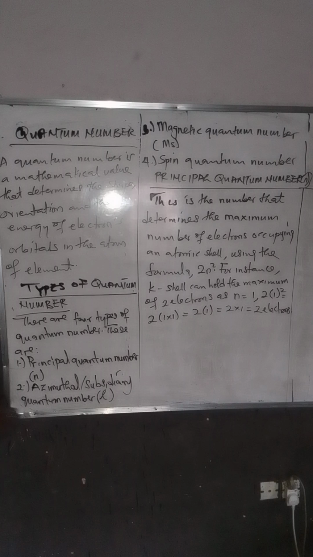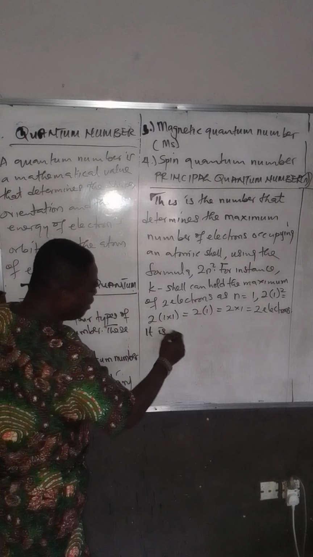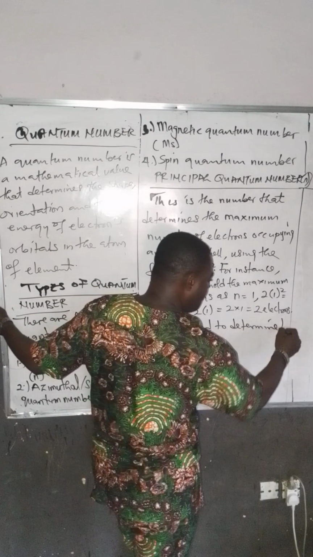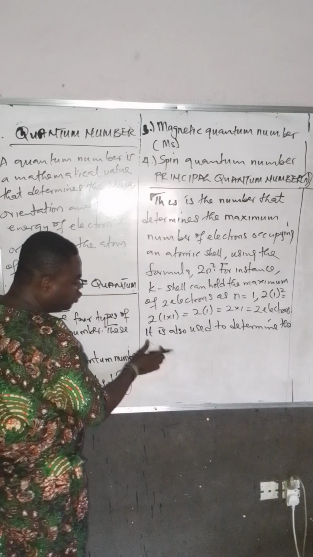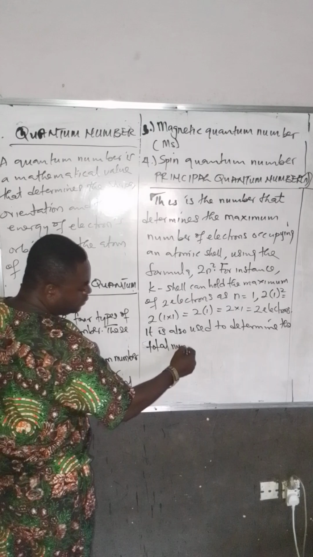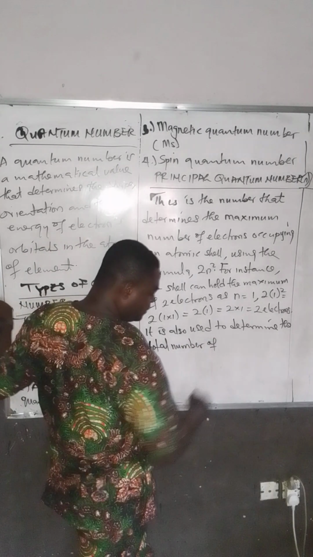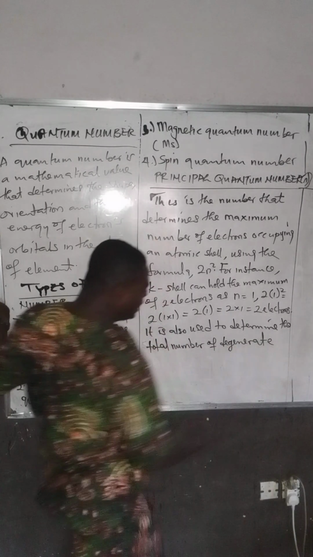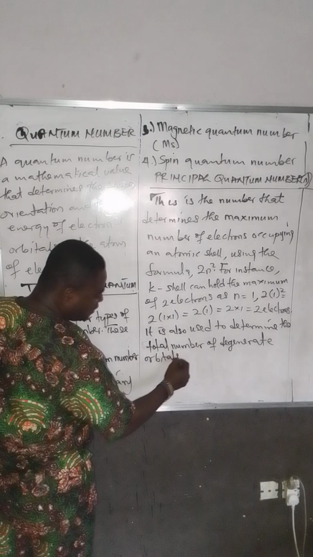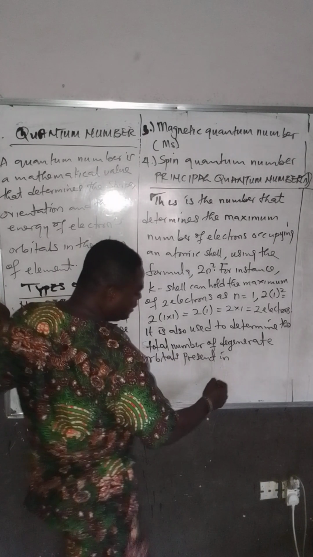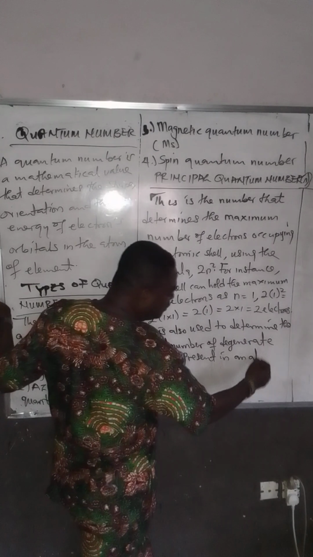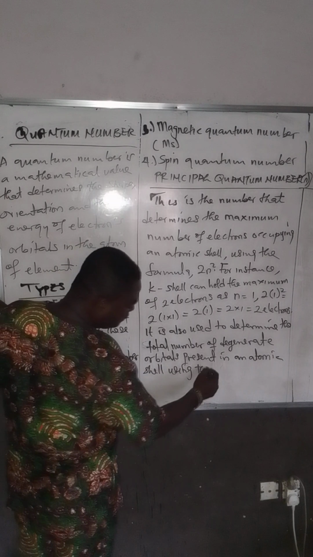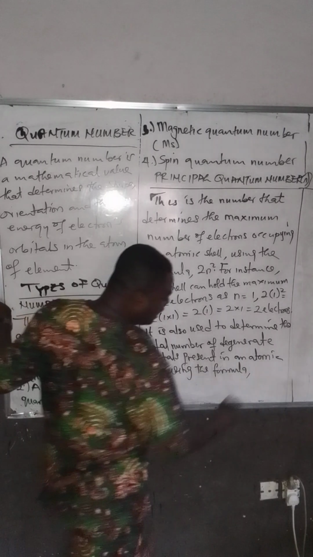Another thing it does, it is also used to determine the total number of degenerate orbitals present in an atomic shell using the formula n squared.